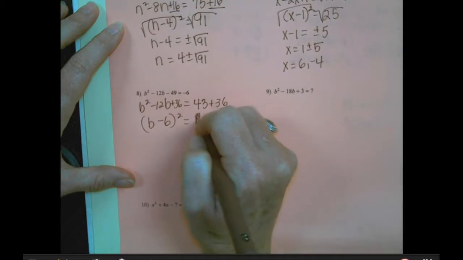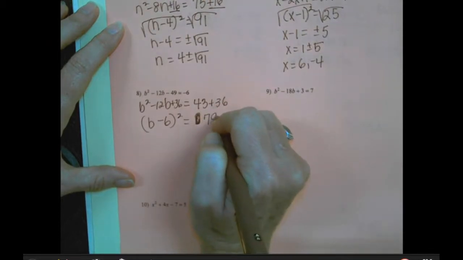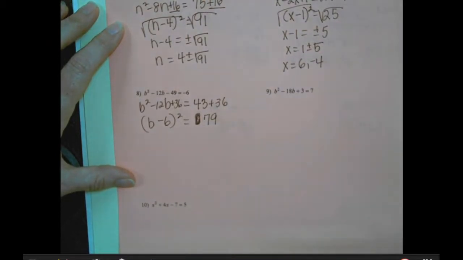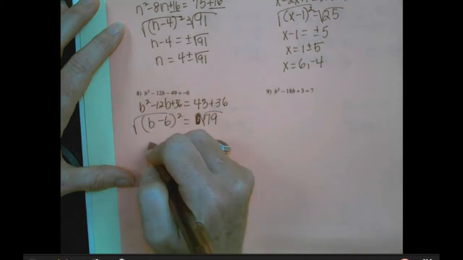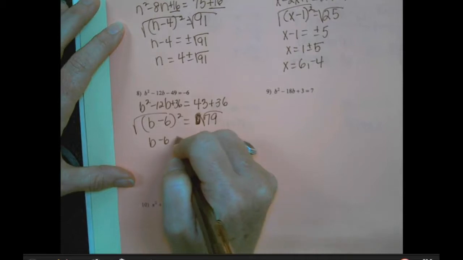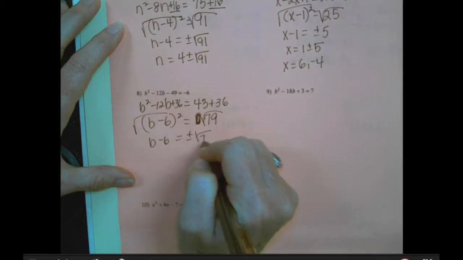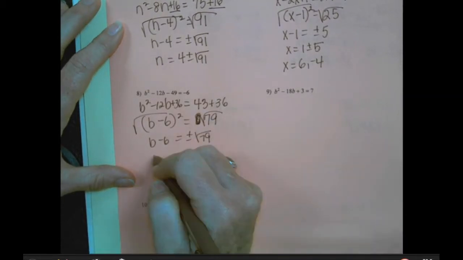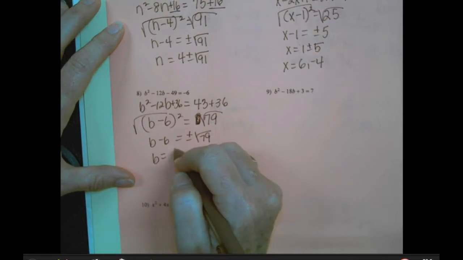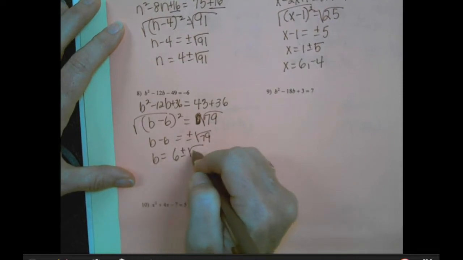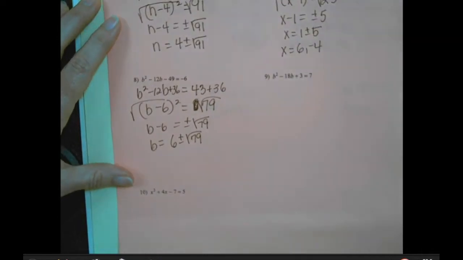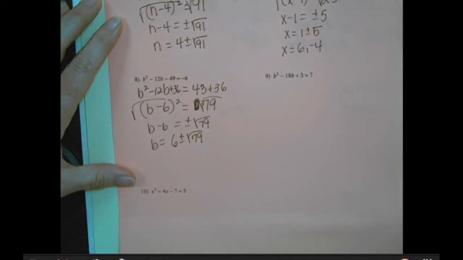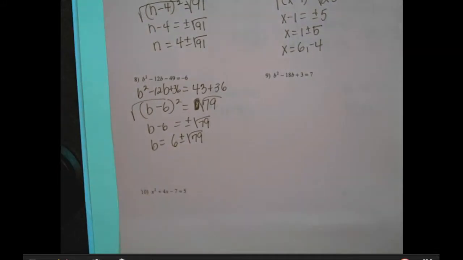Wait, it's 79. Square root. Okay, so this is how you're going to do all of them.